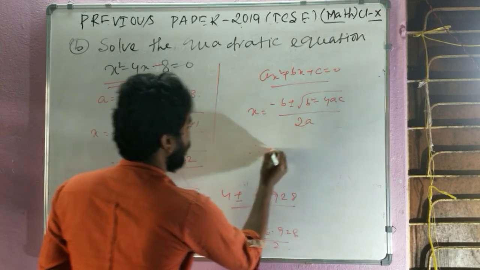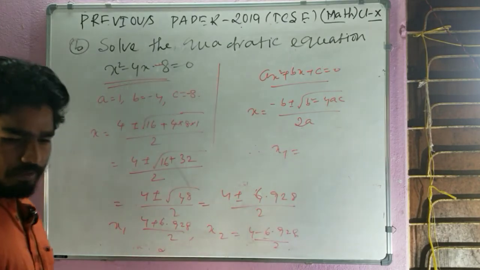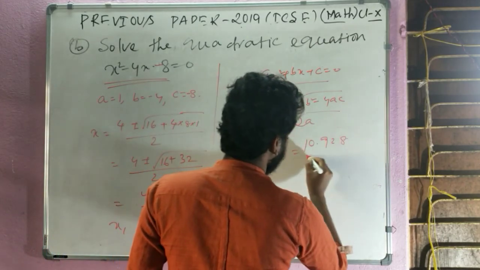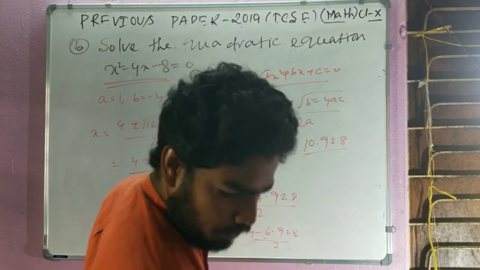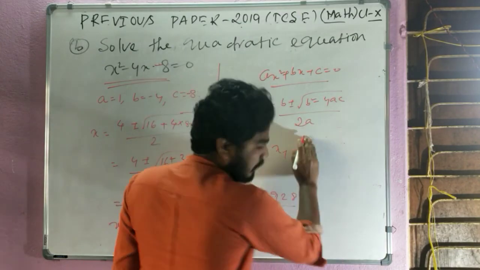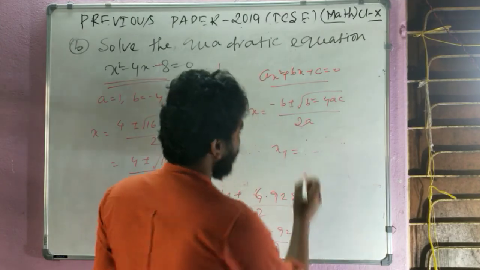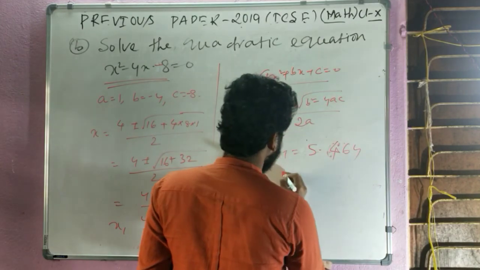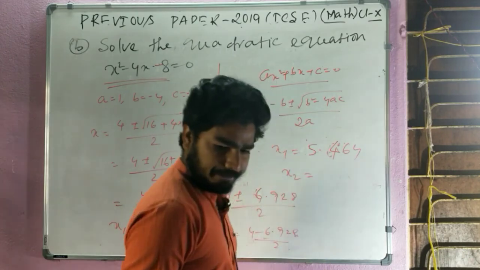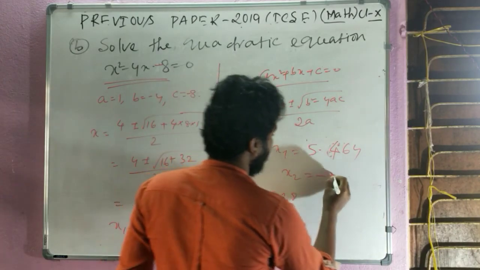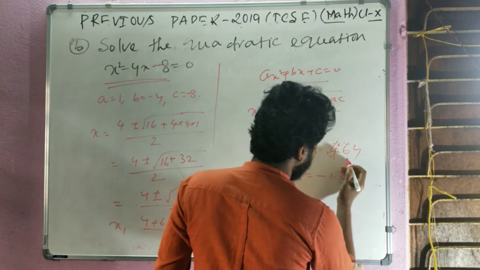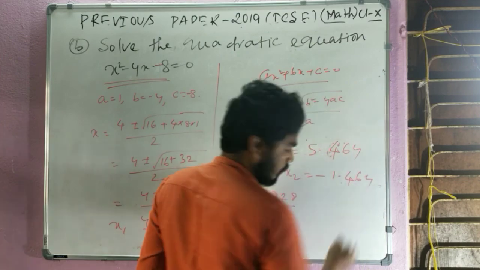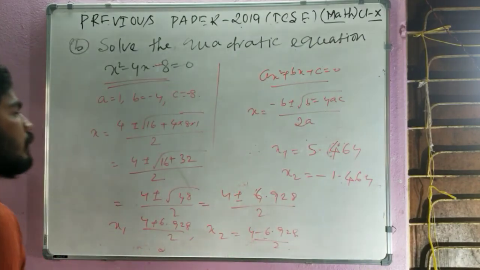So x1 equal to, by easy calculation, 10.928 by 2. The final answer is 5.464. x2 equal to minus 1.464. So these are the two answers.